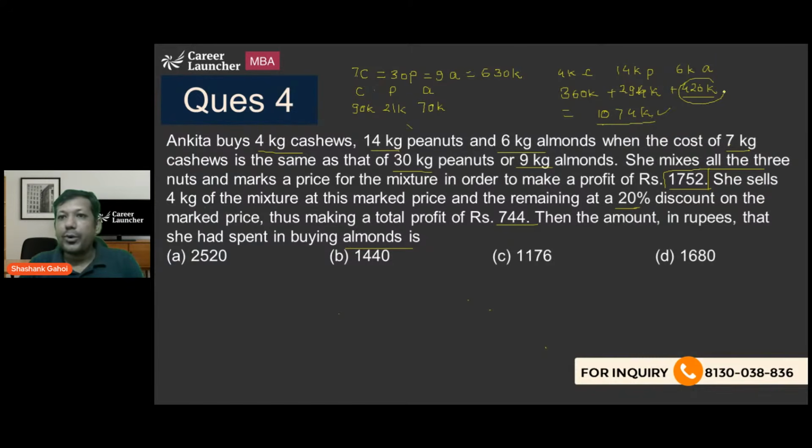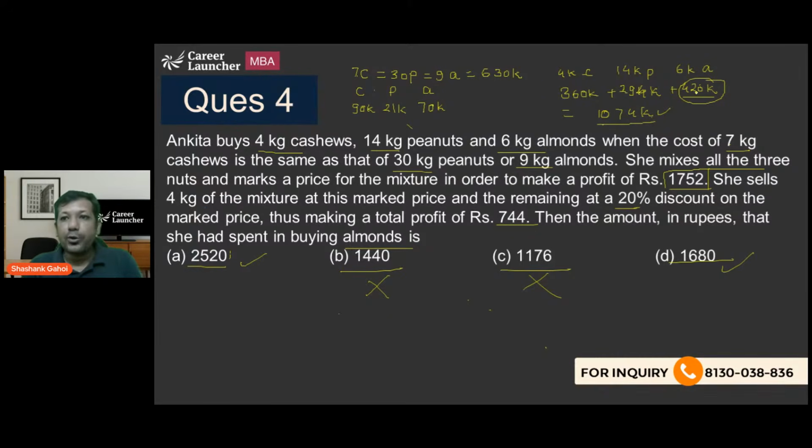That is 420k, right? So the total amount spent on the almonds should be a multiple of 420. So is 1440 a multiple of 420? No. Is 1746 a multiple of 420? No. Is 1680 a multiple of 420? Yes. Is 2250, 2550, a multiple of 420? Yes.